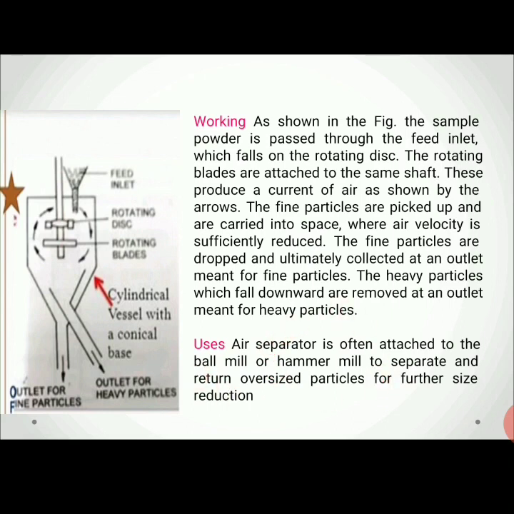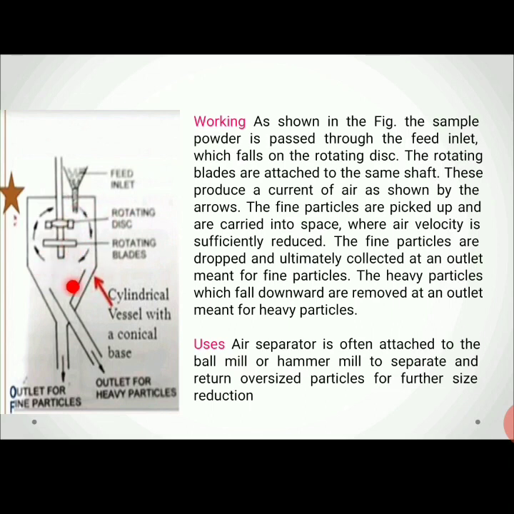This also looks complicated, but it is very easy. In that, when we start the motor, the blades and this disc rotate in a motion. This arrow shows the rotation. After that, when we introduce the powder from this inlet, the powder falls down onto this rotating disc, and the rotating disc and blades give motion to the powder and give proper separation.